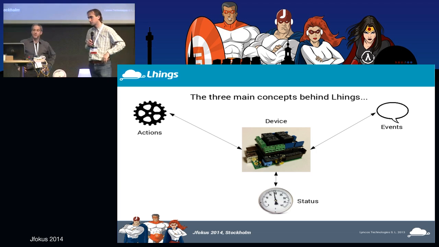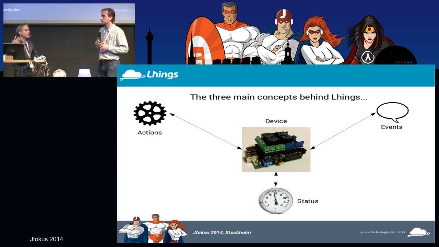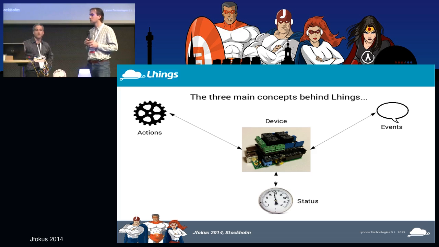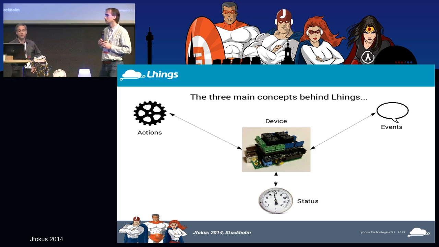Well, the main thing we have to take into account when working with Lhings is that Lhings abstracts the concept of device around 3 main concepts. These concepts are the actions, that is what your device or devices can do.